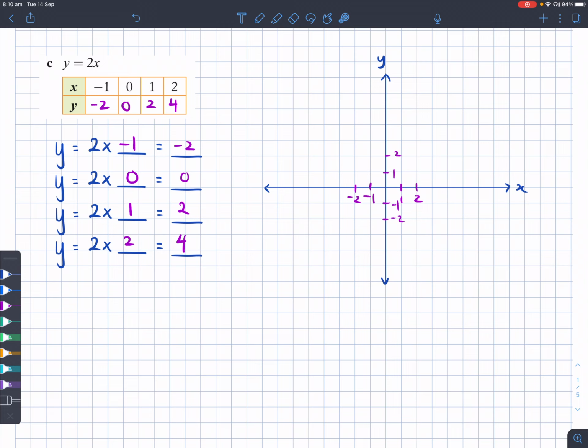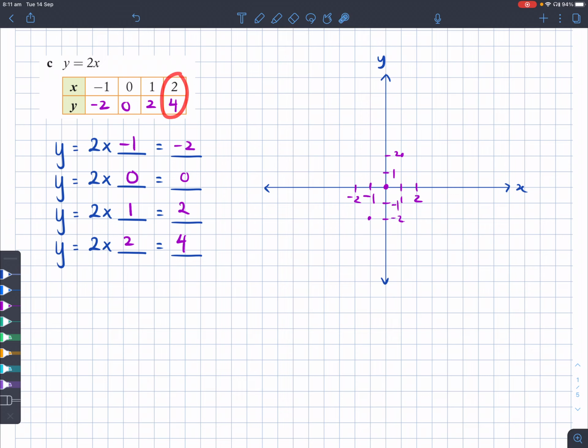So the positive x values are on the right, negative values on the left, positive y values on the top, and negative y values on the bottom. So we've got -1, -2, which means 1 to the left of the origin, and then 2 down, like that. So that means we have that coordinate there, and then we have 0, 0, which is our origin right there. 1, 2, which means 1 to the right and 2 up.